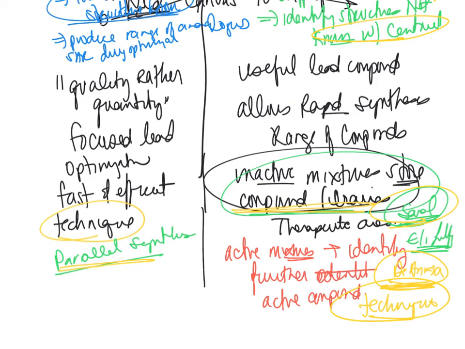Okay, so let's look at the different techniques that are used for parallel synthesis. So you want to look in your chapter 16. We're looking at page 362, and I want you to learn a little bit about solid phase organic synthesis.